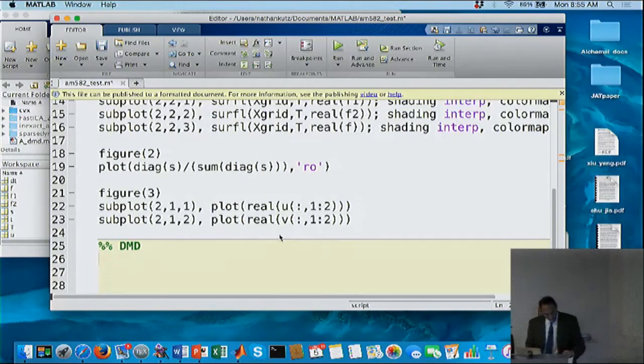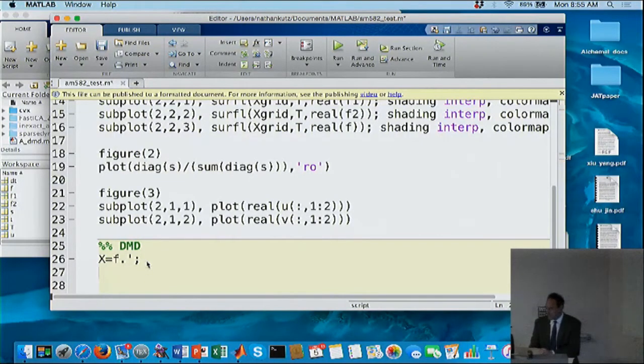I'm going to make a data matrix X, and it's going to be this data. I'm going to transpose it so that the rows are spatial measurements and columns are time snapshots. The way I created the F was different: time was rows, space was columns, but now I just flip it around.